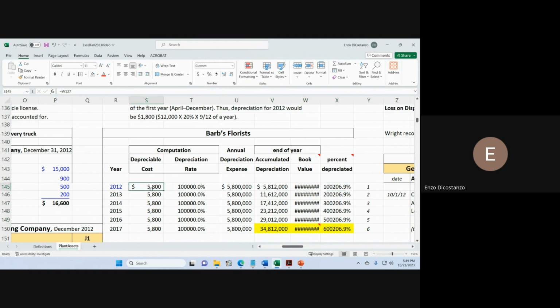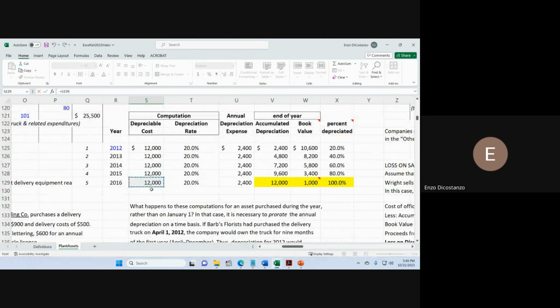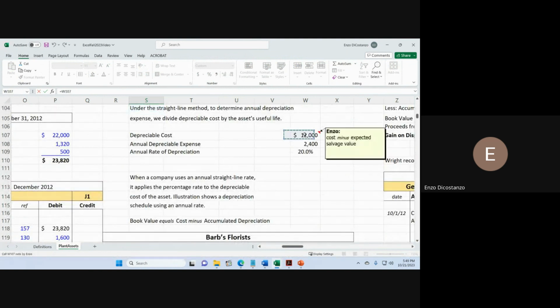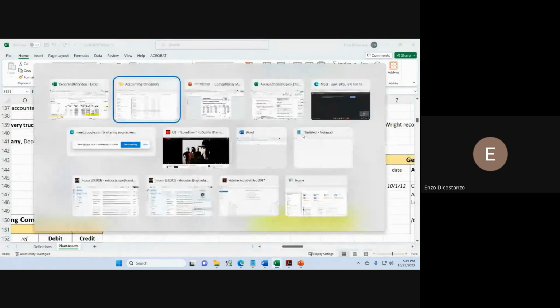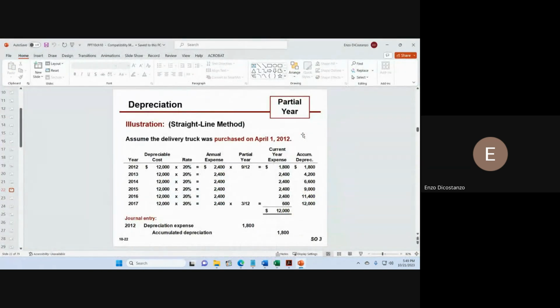So your depreciable cost would be the 12,000. That would still be the 12,000. Now your rate, what's the rate going to be? Okay, the rate's still the same the whole way.